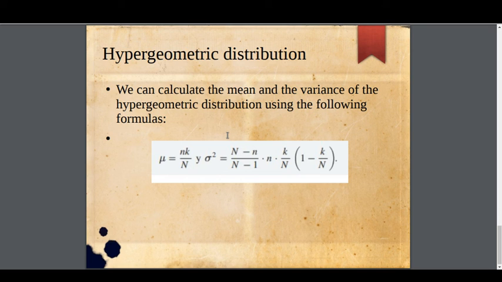In the next video, we're going to talk about the relation between the hypergeometric distribution and the binomial distribution, because even though the probability is always constant in the binomial distribution and it varies in the hypergeometric distribution, they are related in some way, and it is important to study that. So we will do it in the next video.